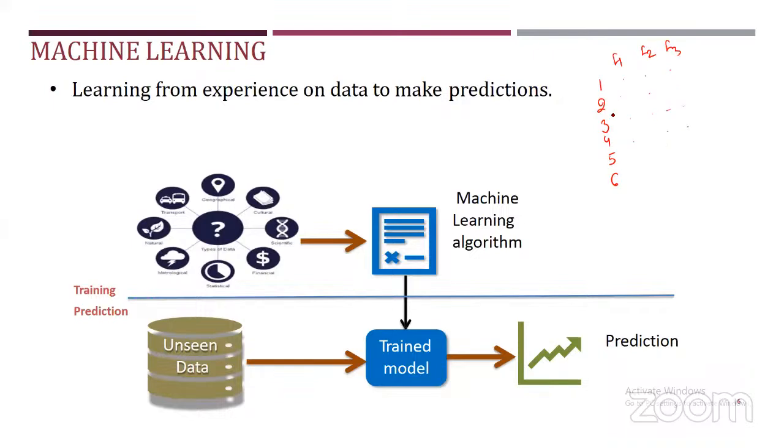So this particular part is basically a matrix, and the dimension of the matrix is 6 cross 3: 6 because you have 6 instances, and 3 because you have 3 features. Suppose the number of features is 100, then it is going to be 6 cross 100. So it depends upon how many features you have.